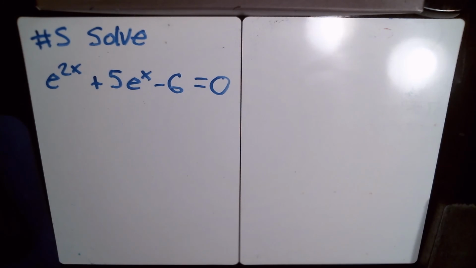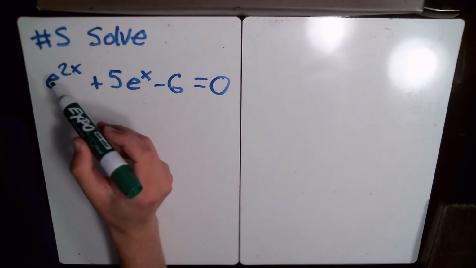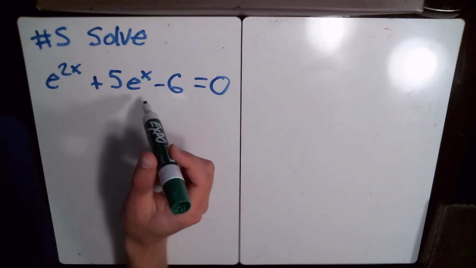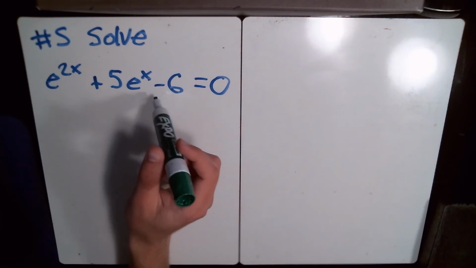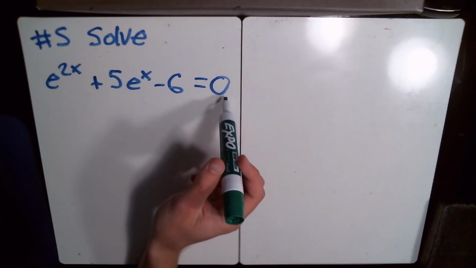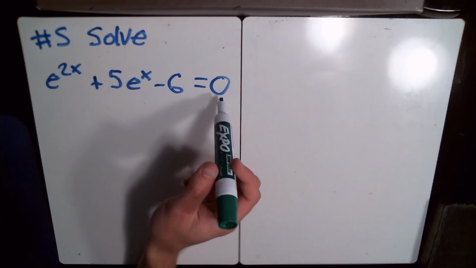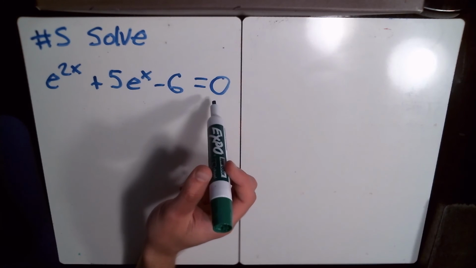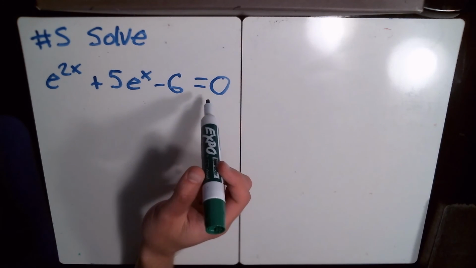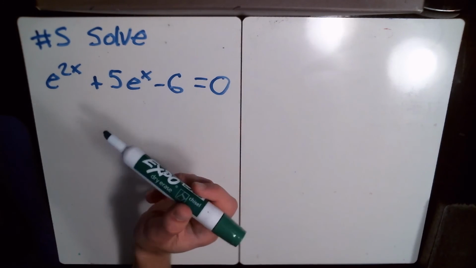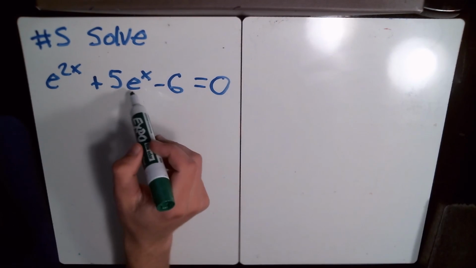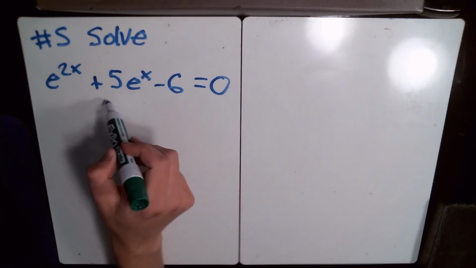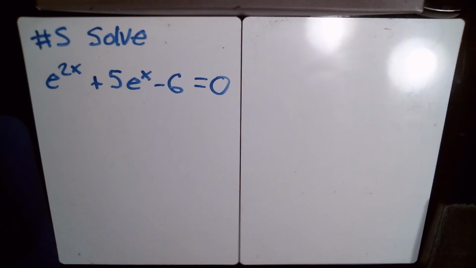We've got an exponential function here, e to the 2x plus 5 e to the x minus 6 is 0. And we want to solve for what values of x will make this true. Okay? And to do that, what we're going to need to do is essentially recognize this as a quadratic type function, right?